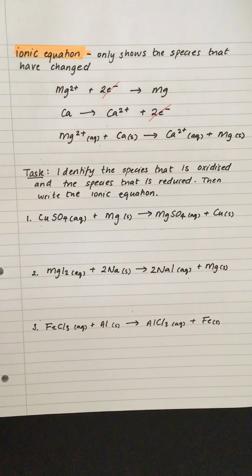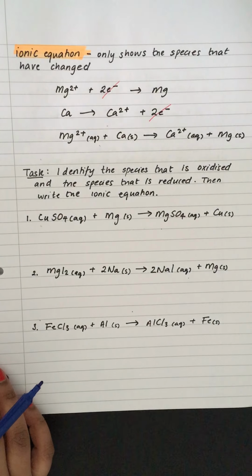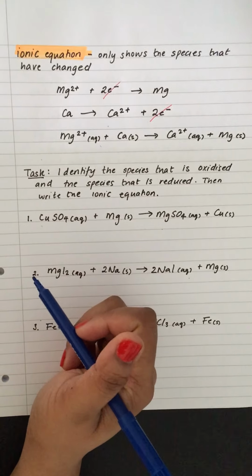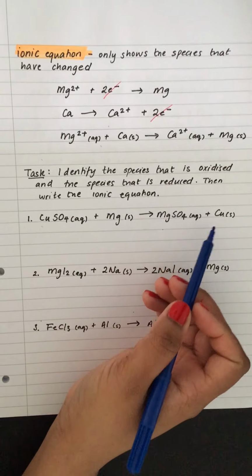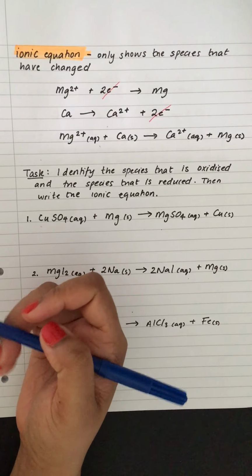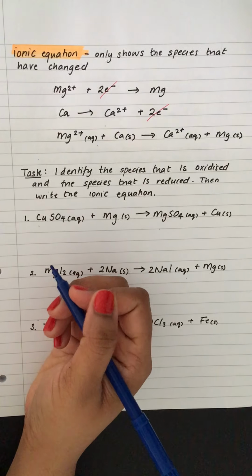Okay, right, let's go through the first one. A really good top tip would be to write the combined charges of each species above, so you can quite easily work out how the charges have changed.